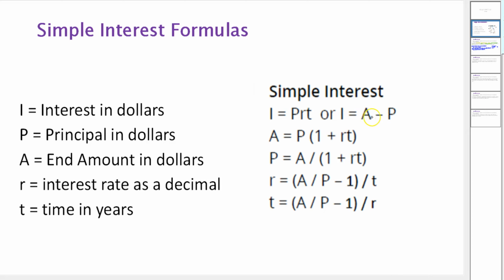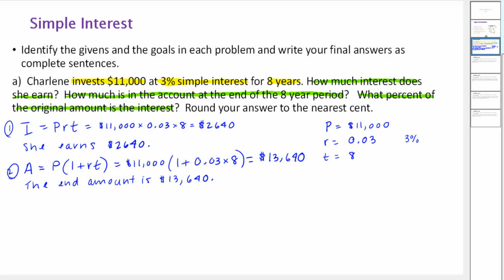So at the end you have some amount, you invested some amount, whatever that difference is, that's how much you earned in interest. Now I didn't use that formula here because we didn't have the end amount yet. We computed it here. Okay, but just to verify that, if we find the amount minus the principal, we have $13,640 minus the $11,000 invested, and notice that matches up with our result.